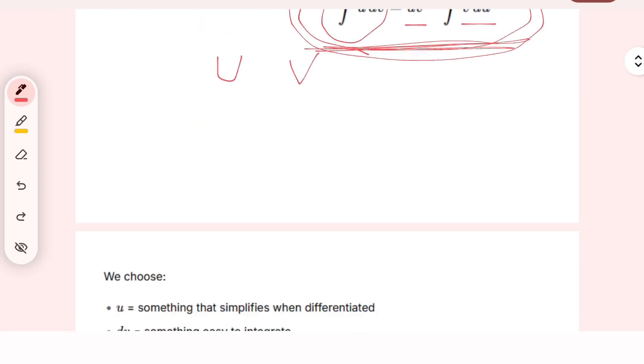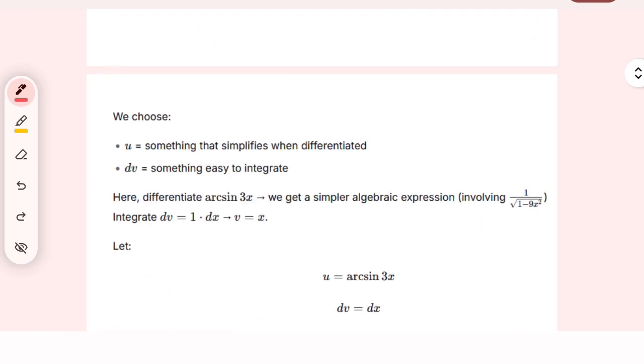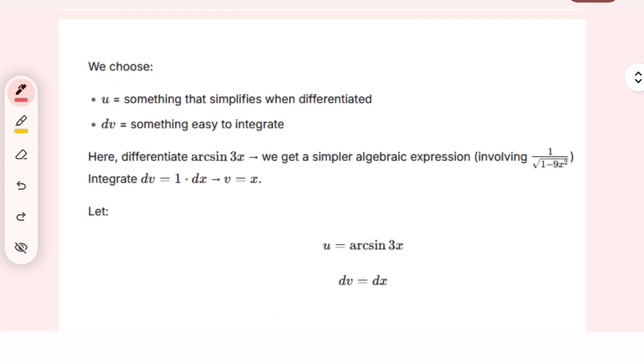All right, so first we will determine and choose our u and our v. We need to go back to our original equation and find u dv. u must be something that simplifies when differentiated, and dv must be something that's easy to integrate.